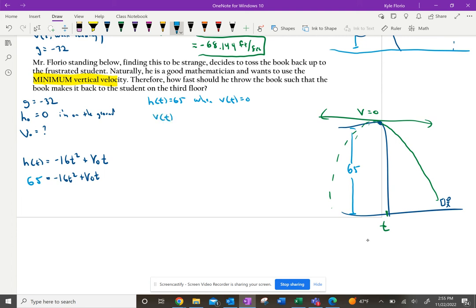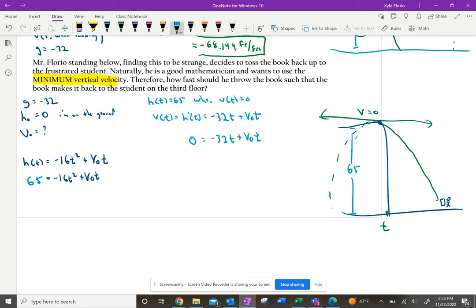So v of t is equal to the derivative of the height, which, if I use my height equation here, is going to be negative 32t plus v sub 0 t. I want this to be 0. So 0 equals negative 32t plus initial velocity t. I need my velocity to be 0 at the same moment that the height is 65.